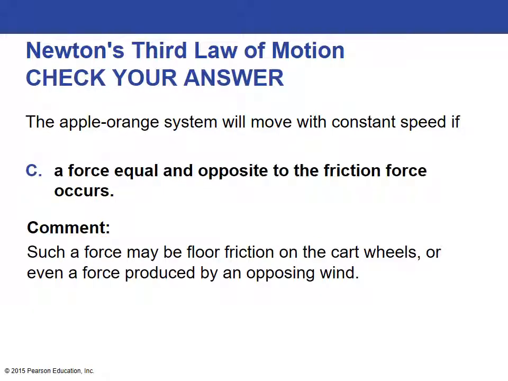None of the above. Common sense. The system moves when there is an equal and opposite force, when the apple is pushing against the floor and moving the system forward.